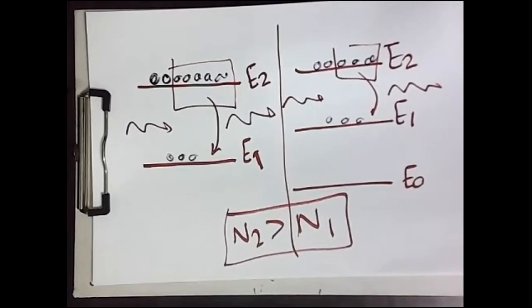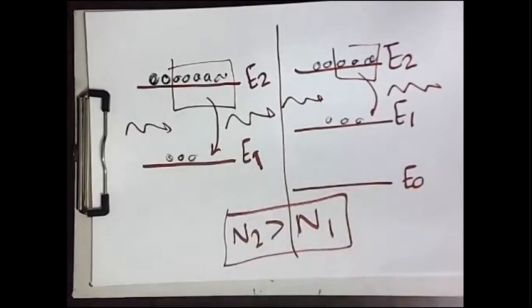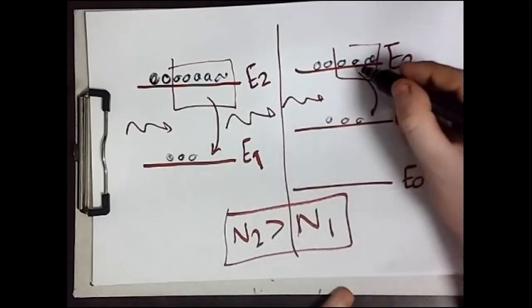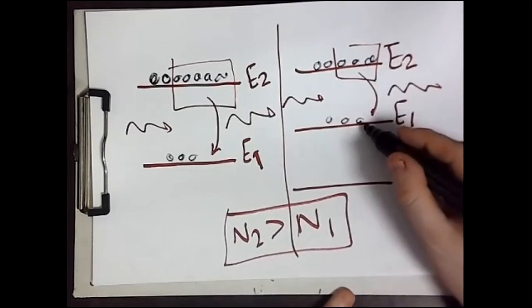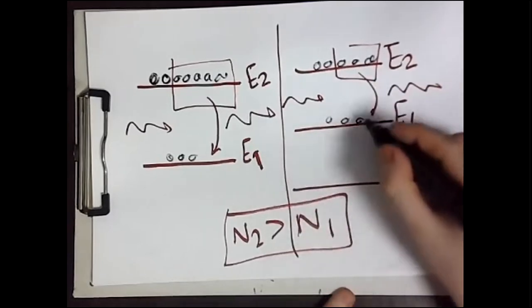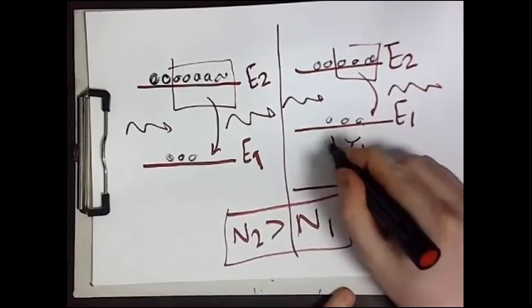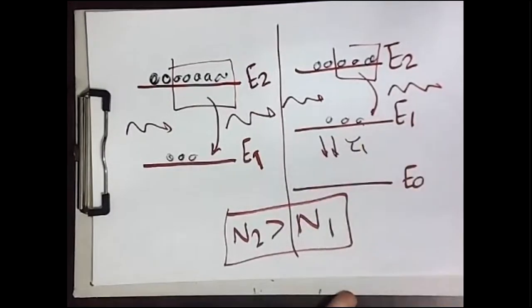Is that true? Yes. But how are we going to solve it here? We are going to solve it in a very easy manner, using a storage level. It's as follows. Electrons will jump from E2 to E1 perfectly. However, we will adjust E1 to have a very, very small lifetime.